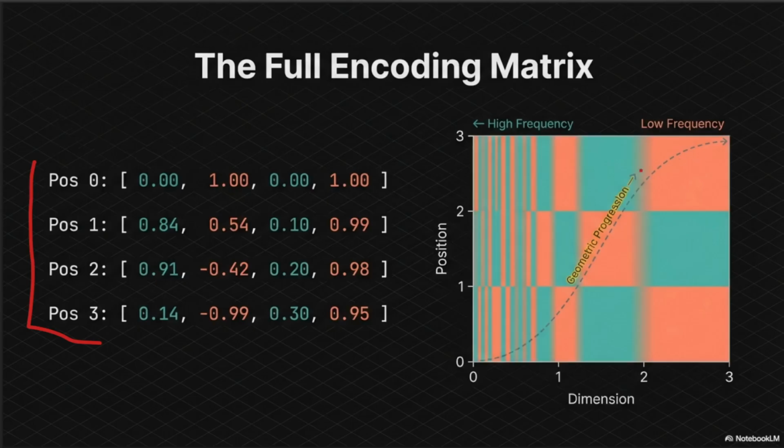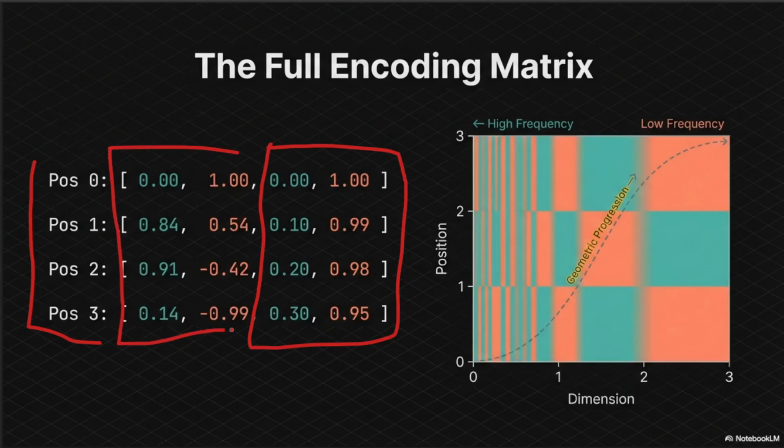This matrix is what gets added to our word embeddings. We can even see a clearer picture: the last two values are changing very slowly, and the first ones are changing very rapidly, with big jumps.